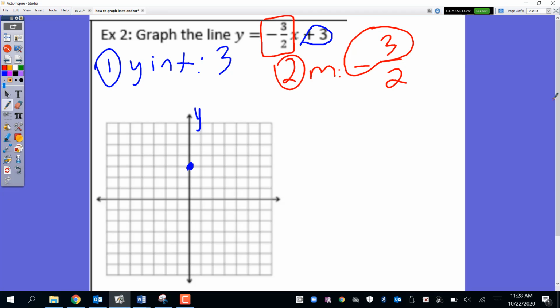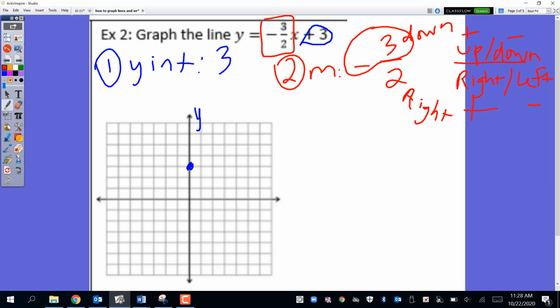So again, my slope is telling me how do I get to the next point. Am I supposed to go up or down? Well, my number on top this time is negative, which means I'm supposed to be going down 3. And my number on the bottom, my 2, is it positive or negative? Well, mine is positive, so that means I should be going to the right 2.